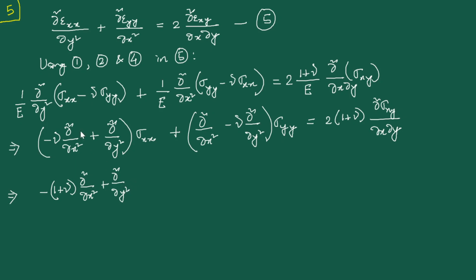Sorry about that, a slight mistake here. So this is a sigma xx. So that I obtained from the minus of del square sigma xx del x square, which was present here, and from the plus which I have included, I will get that as del square del x square plus del square del y square, this entire thing operating on sigma xx.